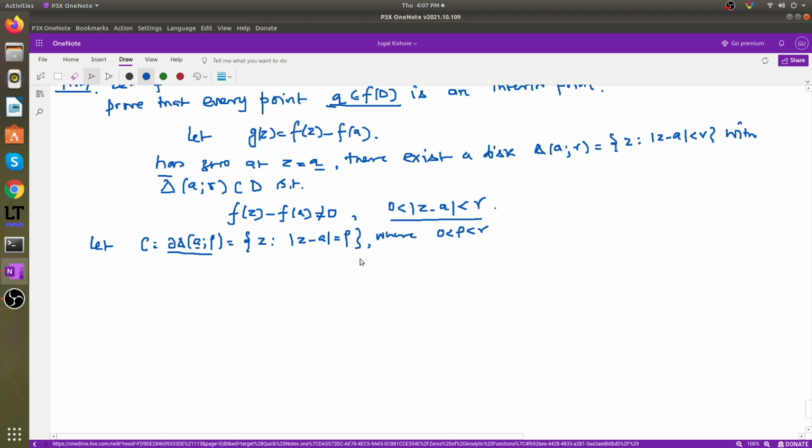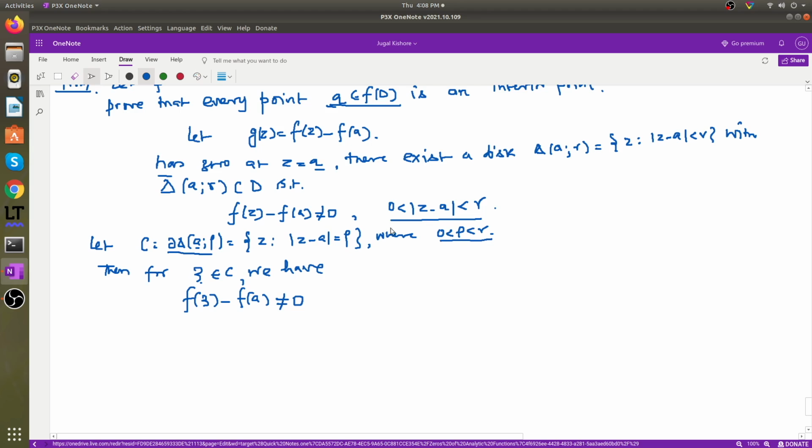So therefore, if we take zeta as a point on C, we have f(zeta) minus f(a) is not equal to 0, because zeta is a point on a concentric circle at a of radius rho, where rho is between 0 and r.